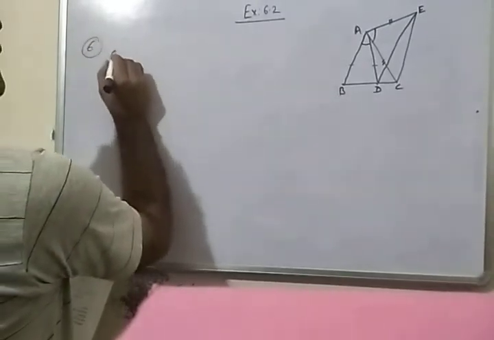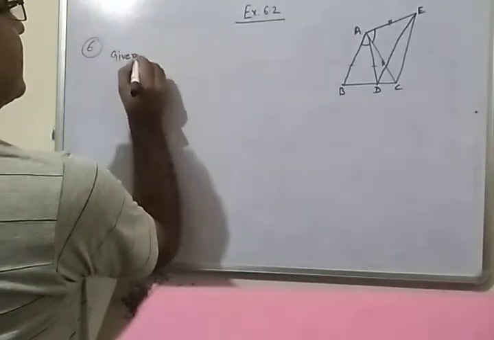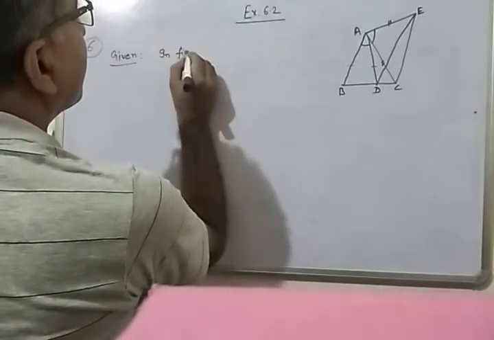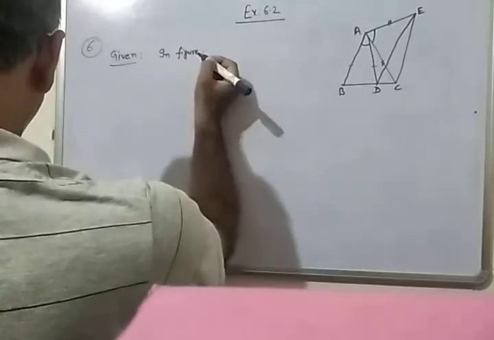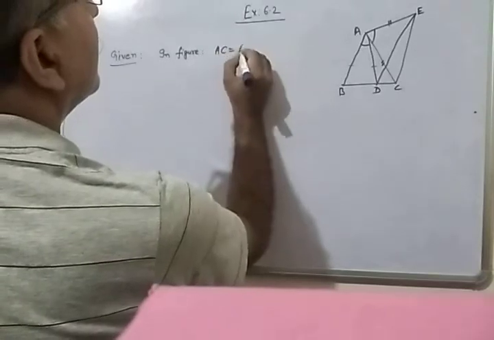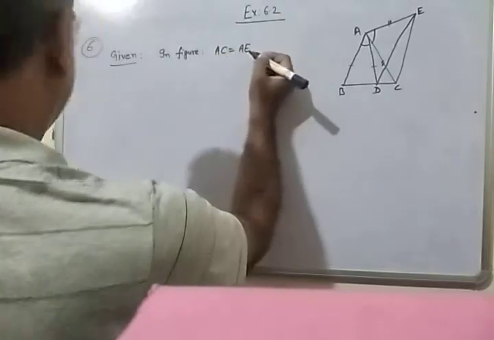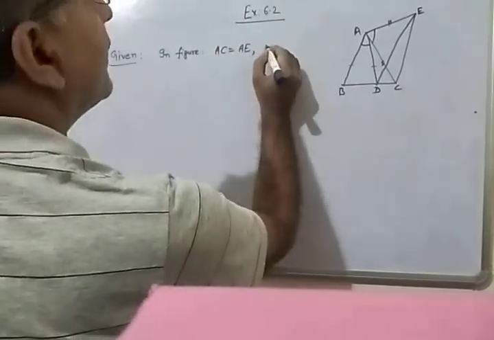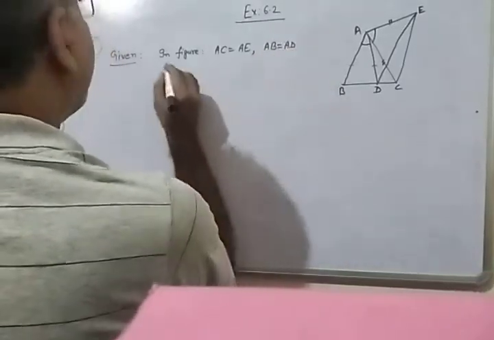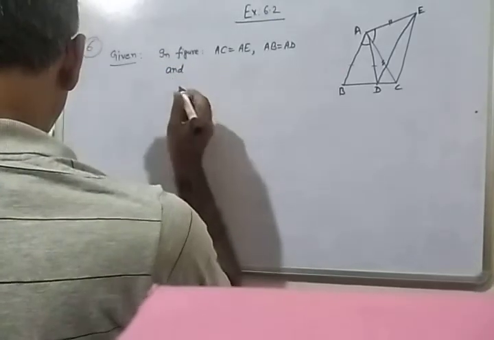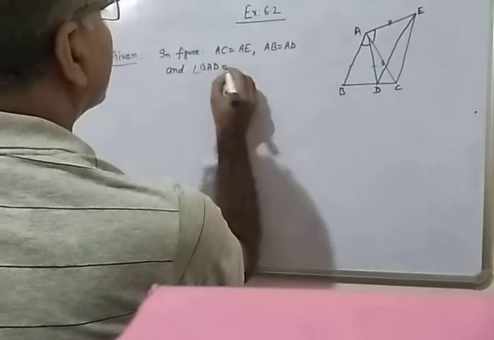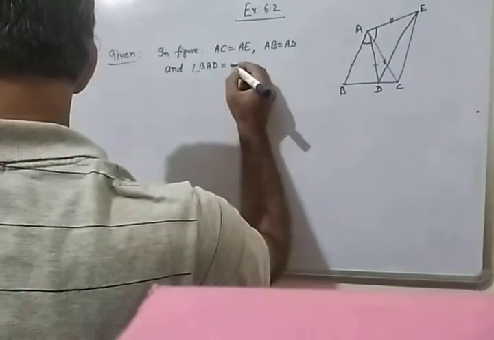Question number 6. First point, we will write the given in the figure: AC equals AE, AB equals AD, and angle BAD equals angle EAC.